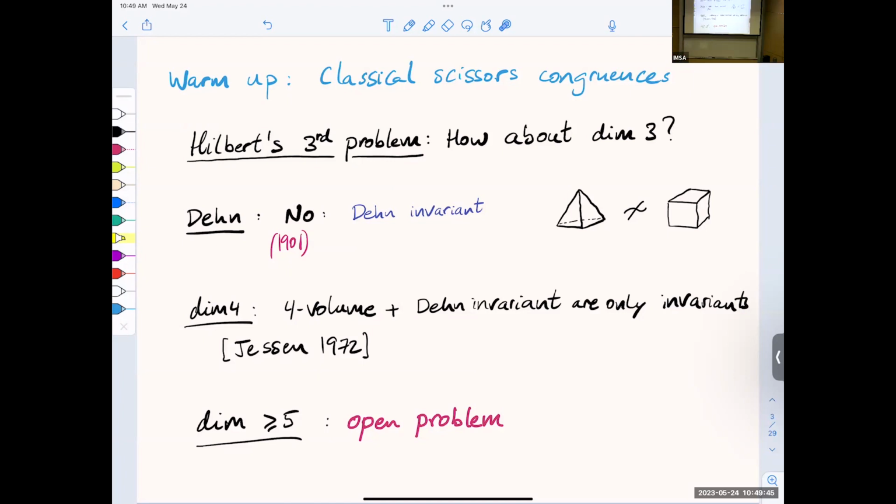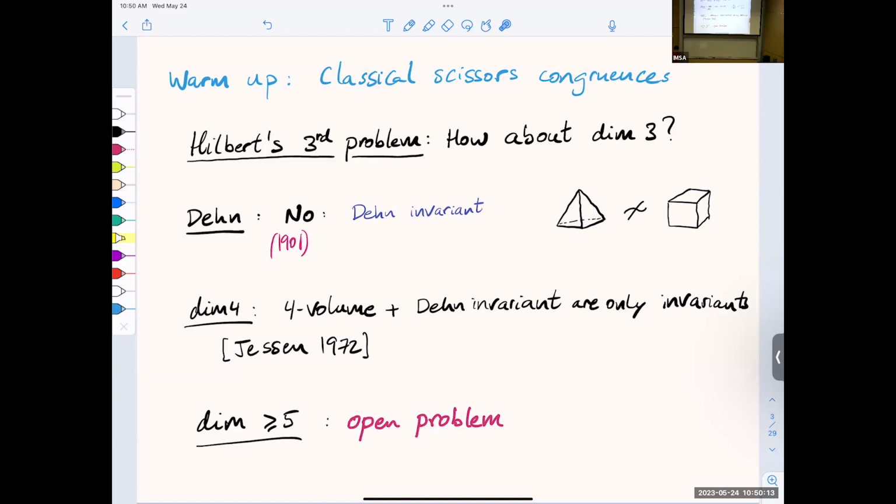Well, the answer is no. You could have two polyhedra, like the tetrahedron right here and the cube, and you could make them have the same volume, but even so, there's no way you can cut the cube up into little sub polyhedra and glue them to achieve the tetrahedron.